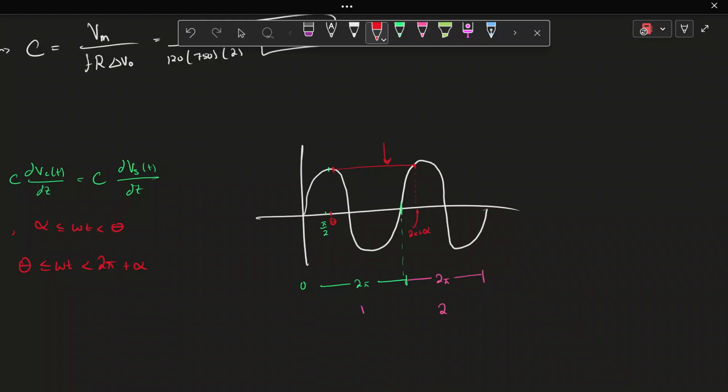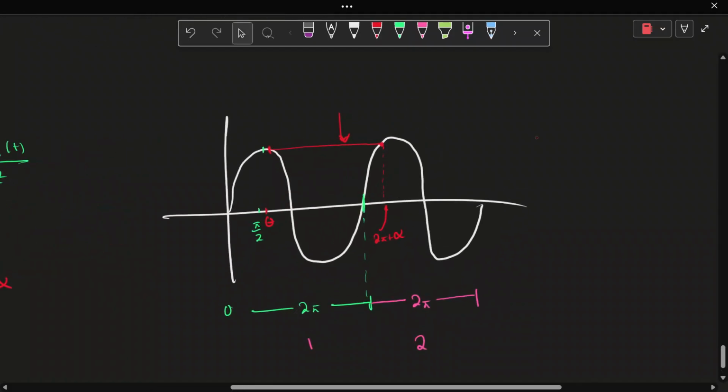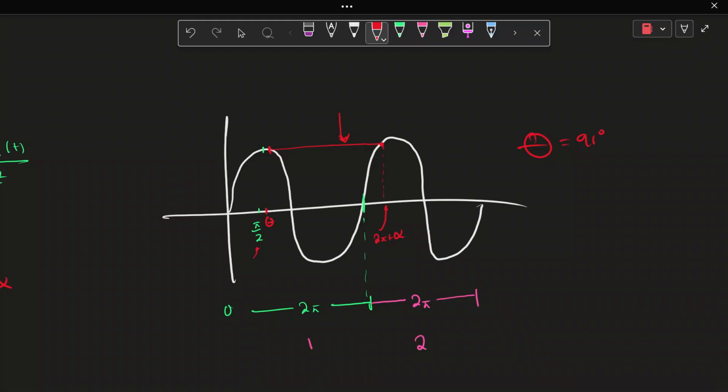Now, you want alpha to be as close to theta as possible. This being because if theta is equal to, let's say, 91 degrees, because pi over 2 is 90, we want it to be 1 degree after, sure, whatever, right? And we let alpha equal 91 degrees, where is that?